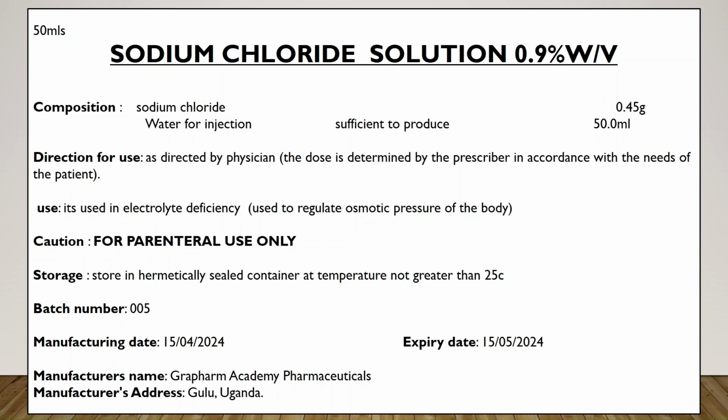You can allocate it a specific expiry date, or you can call it a discard date, based on the quality control tests you have carried out, and you have seen what the shelf life of the product is going to be. Manufacturer's name always has to be indicated.